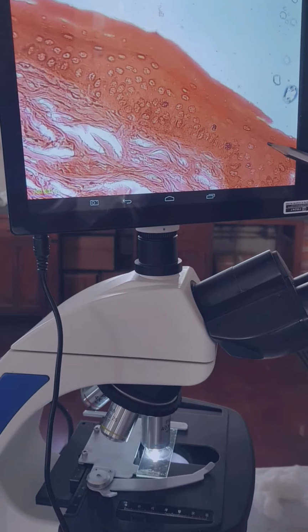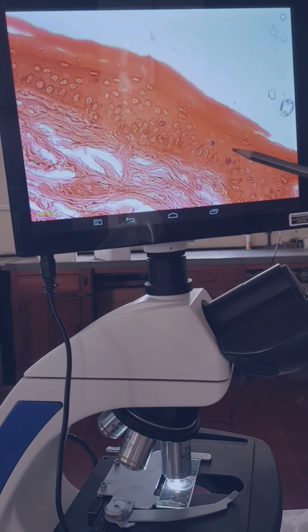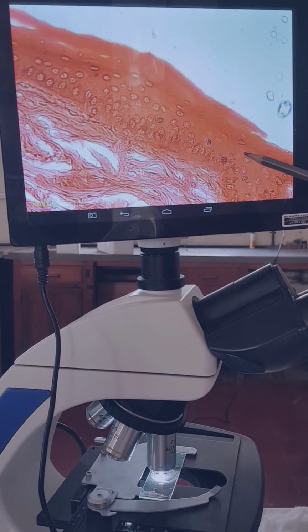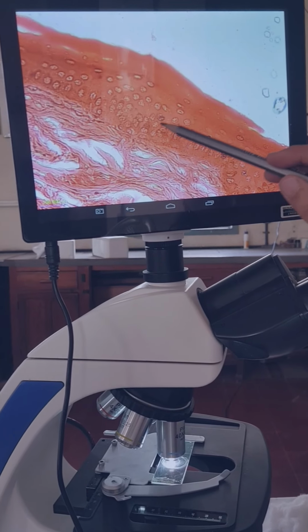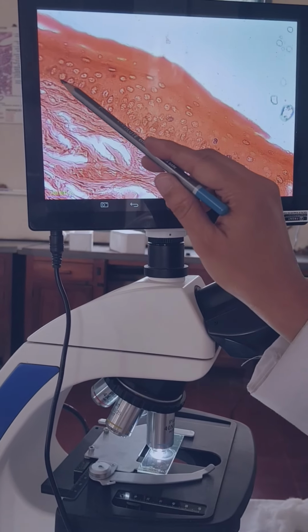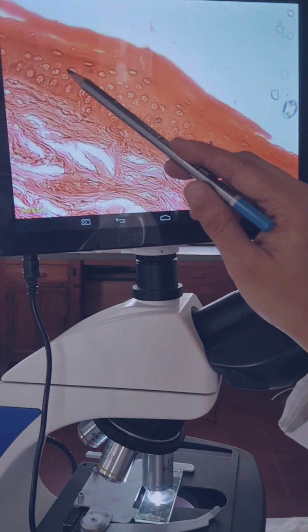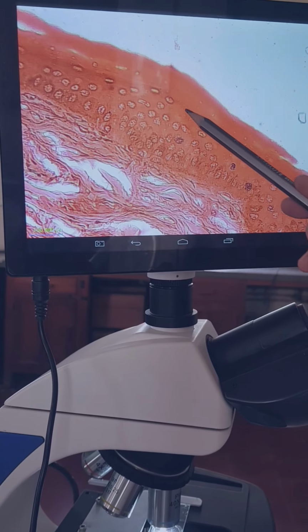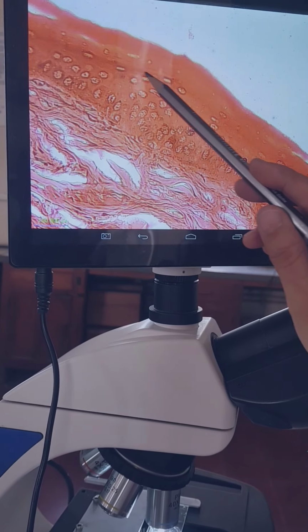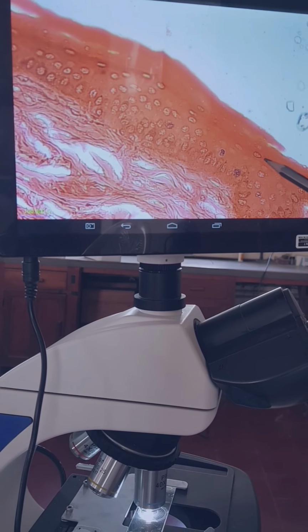Stratified squamous keratinized epithelium. This is the surface side and it is present in the skin. This is the slide of skin on high power. See the stratification. Basal cells are columnar with oval nuclei. Middle cells are polyhedral cells and surface cells are squamous. You can see the flattened nuclei lying in the surface layer cells.